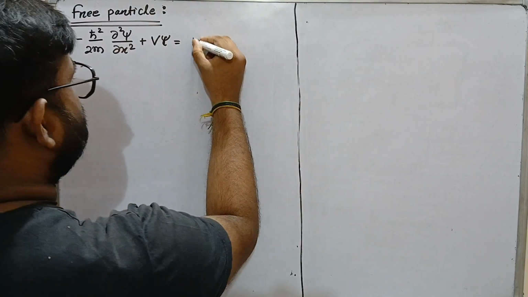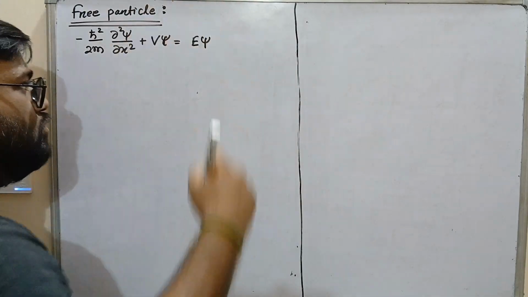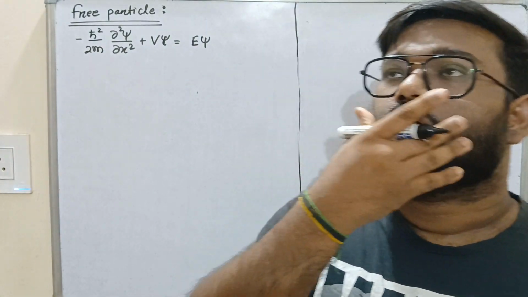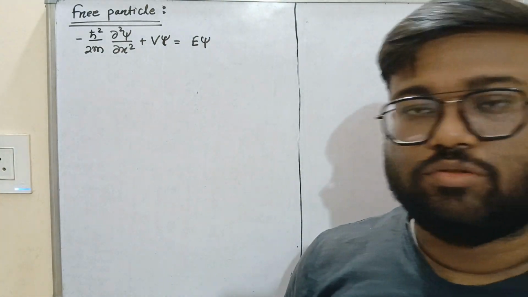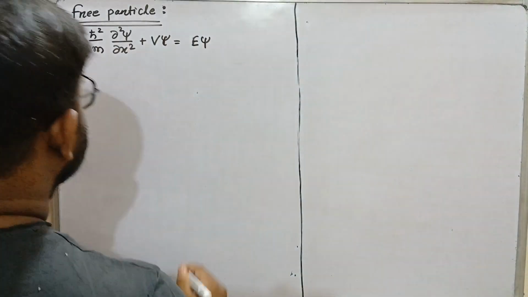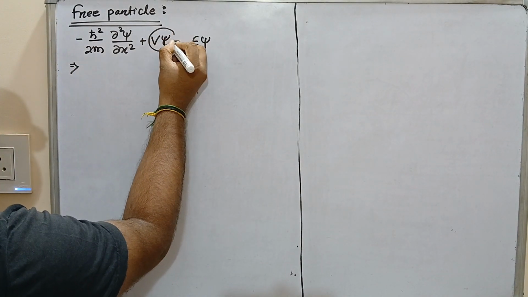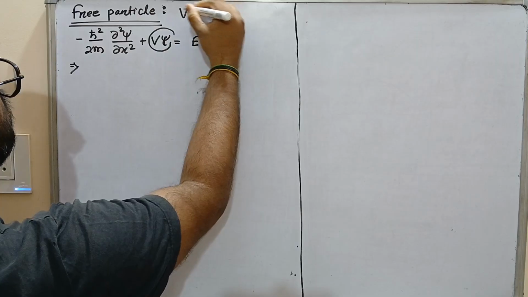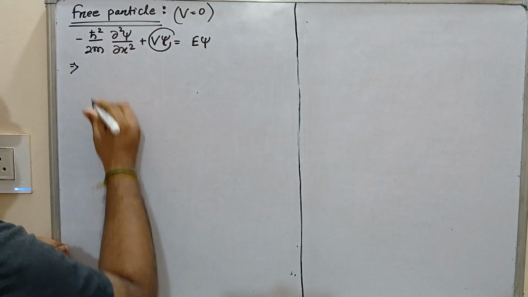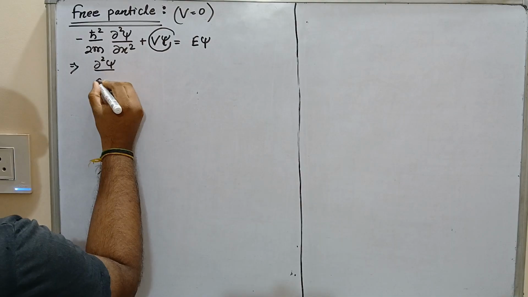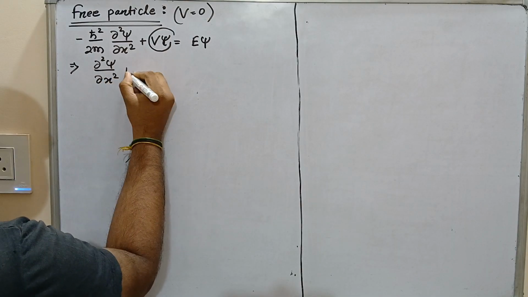It was atomic structure when I was studying in 2016 to 17, first year, +2. Now, a free particle means V equal to 0, which means the potential is 0. That means the system exactly turns into what we have done in the last video.